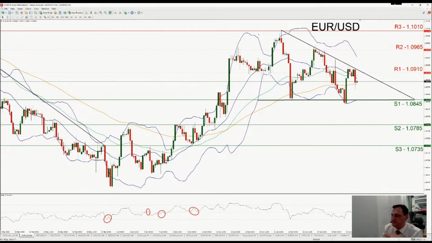A possible stabilization of the pair would mean that we would expect the pair to possibly consolidate even a bit lower and remain between the corridor created by the 1.0910 resistance line and the 1.0845 support line. It's going to be a very, very interesting pair to watch out for.